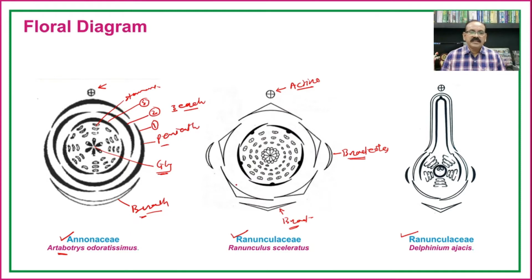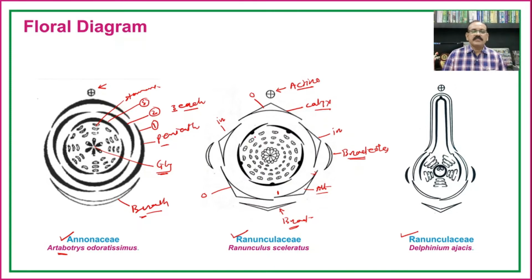and see here the sepals or arrangement of the calyx. This one is outer, this one is outer, this one is inner and this one is inner, and this one is alternate, so that one side is inner and another side is outer.